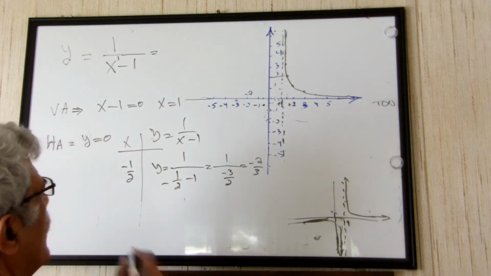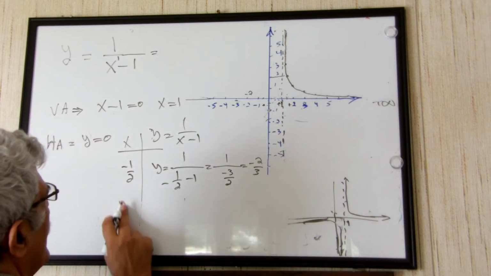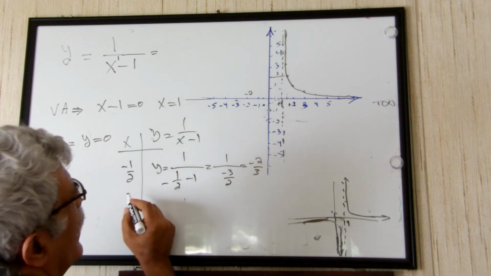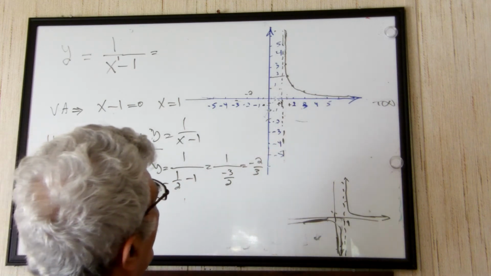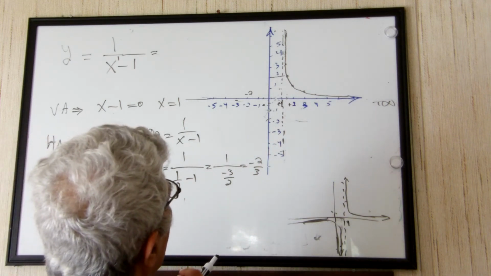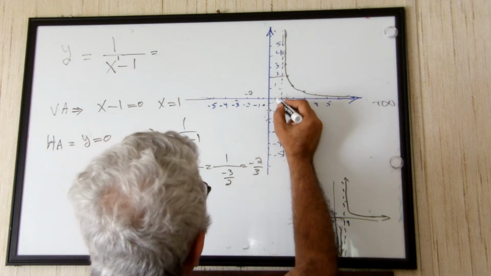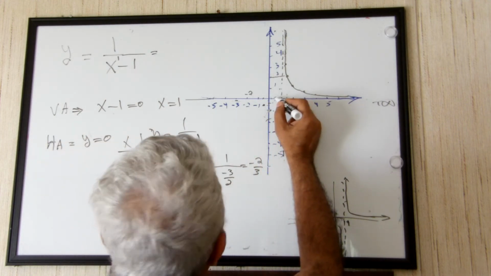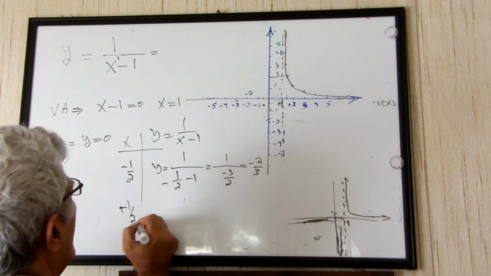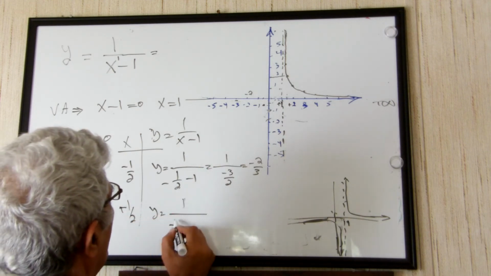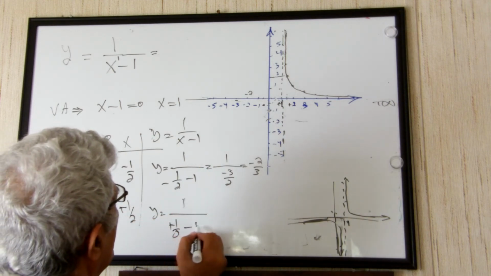And then let's give a number here. x is equal to plus 1 over 2. y is equal to 1 over 1 over 2 minus 1.